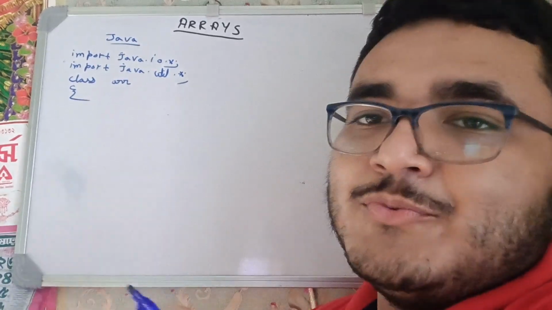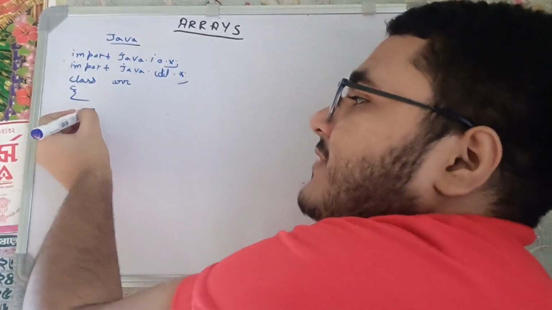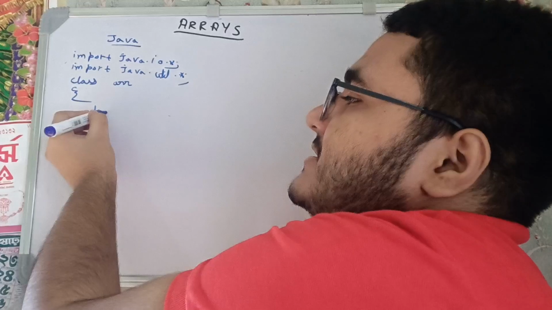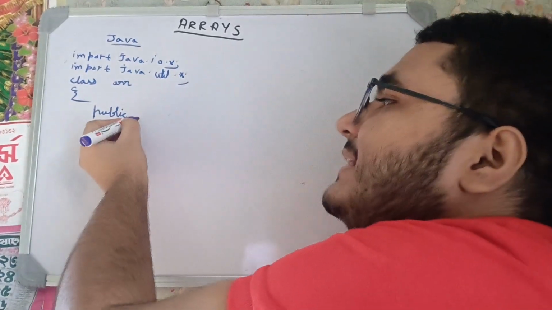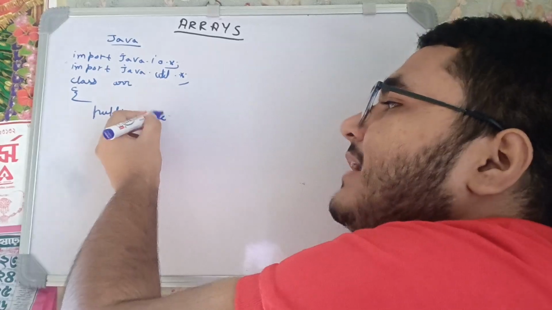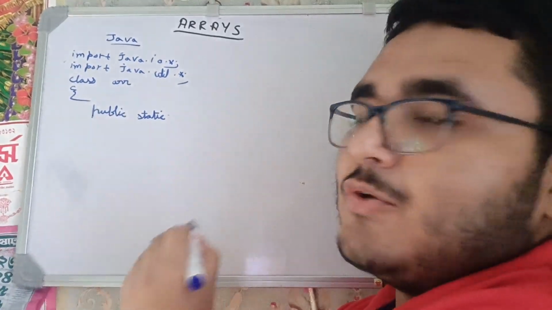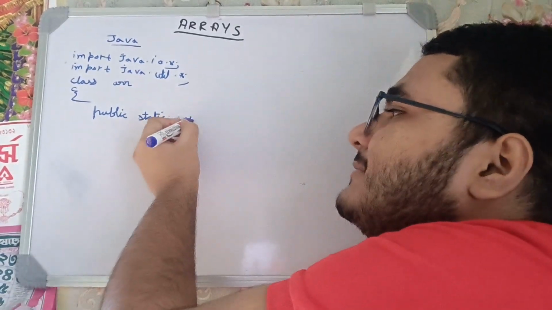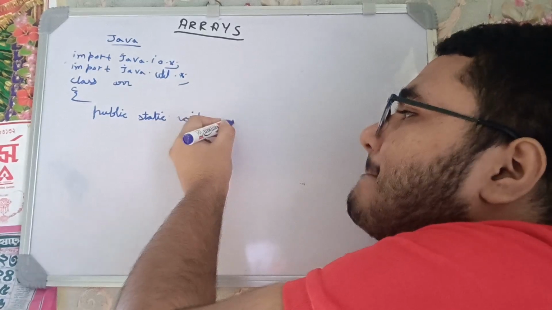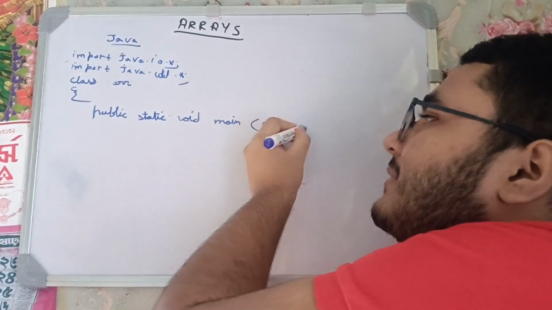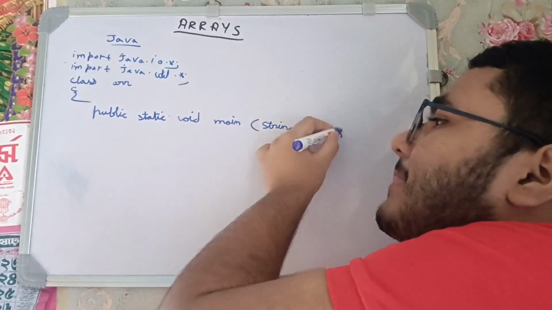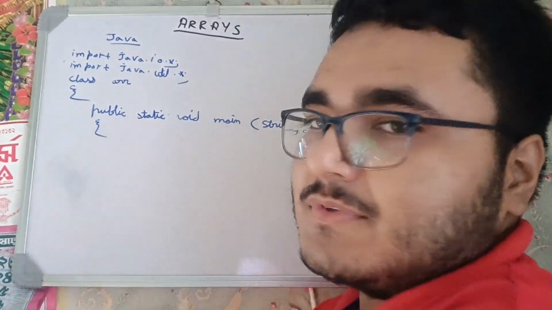First we need to mention the access specifier. So the main function in Java is always public. Then static, so that the JVM doesn't need to create any object for main. Void main, String args, right?